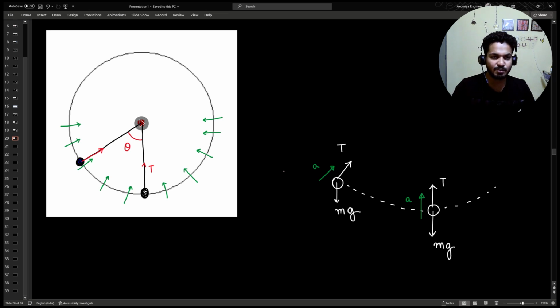At the bottommost position, you'll be writing a simpler equation which says T minus mg is equal to mv squared by r, because T is in the upward direction, mg is in the downward direction, and these two forces add up to become mass times acceleration. Centripetal acceleration is given by v squared by r.